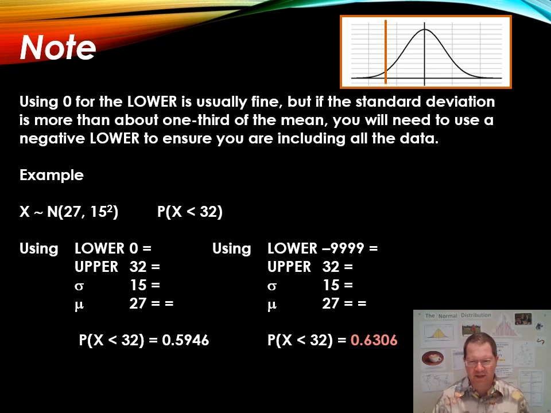But if we take away 3 standard deviations from 27, that's 27 take away 45, which is -18. So there's lots of data below 0 that wouldn't be included if I used 0 as my lower, and that's why I get a different answer. So the correct answer is 0.6306, but I'm only going to get that if I use a negative lower rather than a 0.